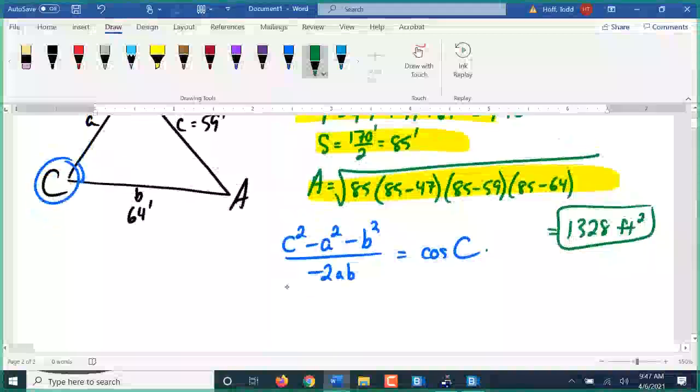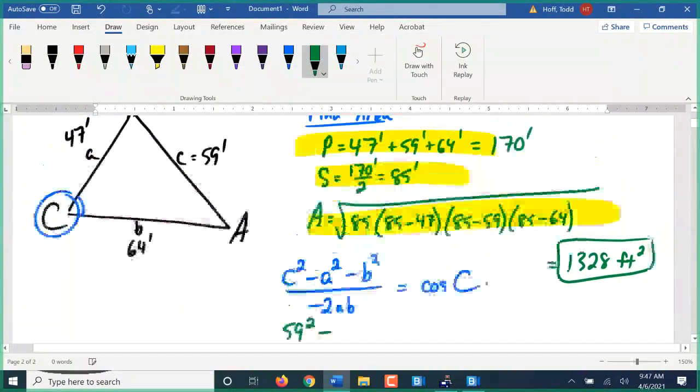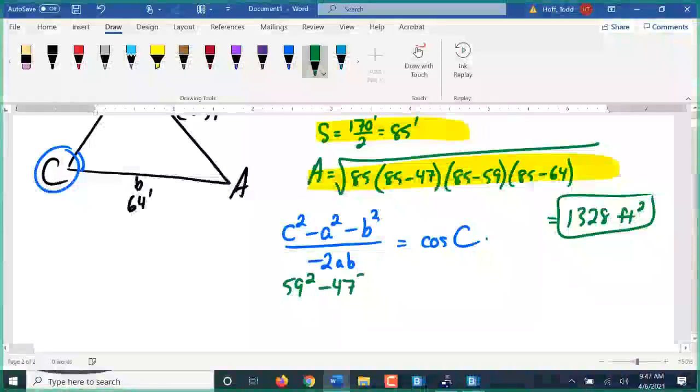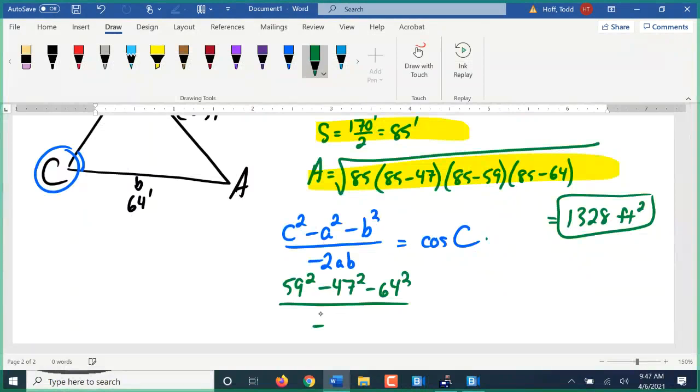So we'll have 59 squared minus 47 squared minus 64 squared over negative 2 times 47 times 64 equals the cosine of angle C.